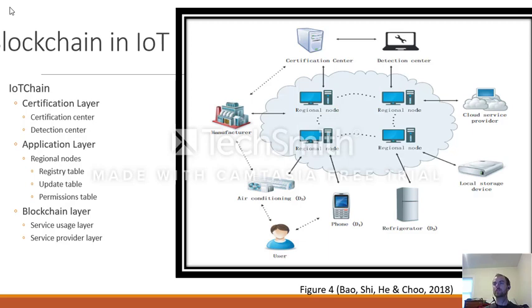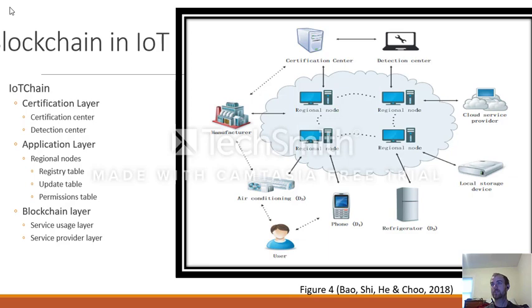So this framework is mostly focused on allowing secure updates to your IoT devices and keeping those devices updated. It also has a permissions table, so who's allowed. The permission table addresses who's allowed to connect to those devices. So, for example, your refrigerator, the only person that should connect to your refrigerator is you and the manufacturer of that refrigerator.